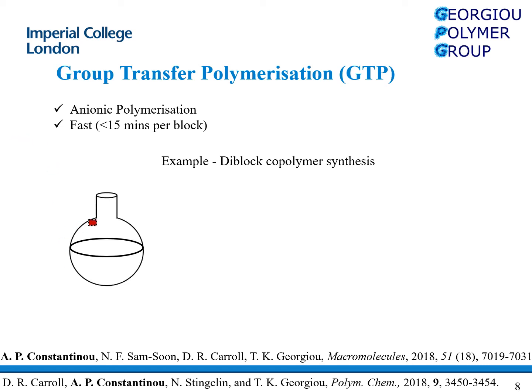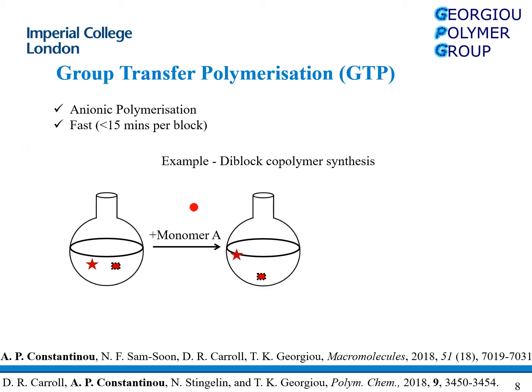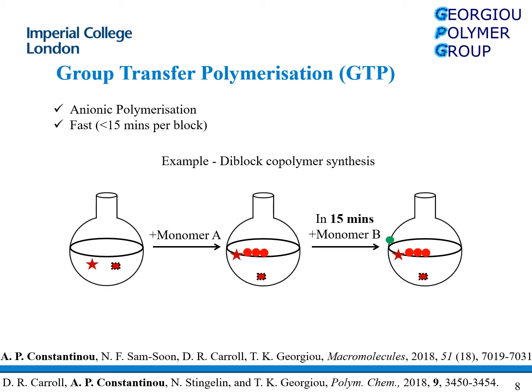We have the flask, we are adding firstly the catalyst, which is going to activate the reaction, then the initiator, and then we're adding the first monomer. We're forming the first block, a short polymer chain, in maximum 15 minutes, and then we're adding the second block, and in half an hour we have a diblock polymer.